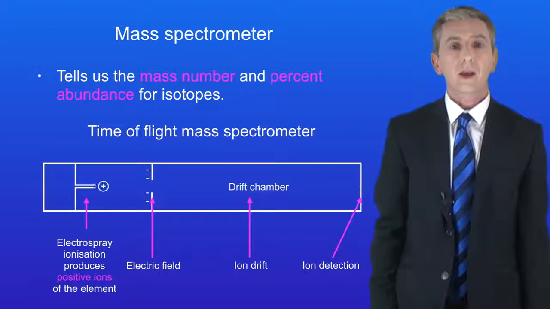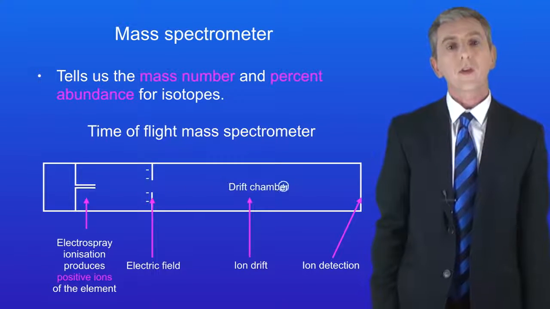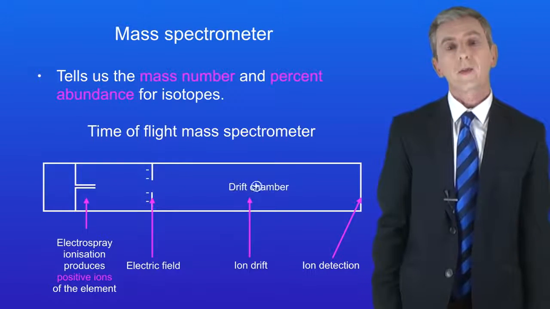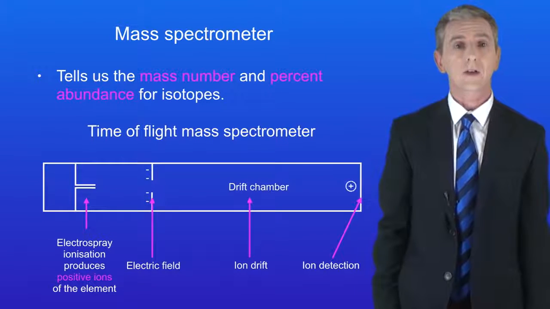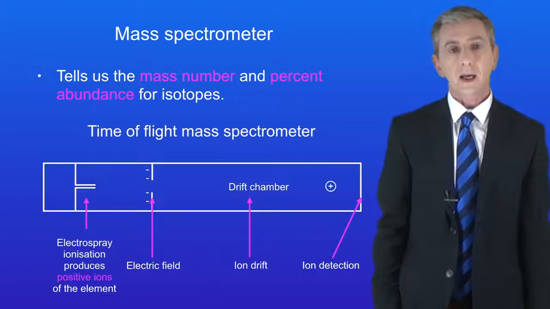The positive ions then pass into an electric field. This causes the ions to accelerate, giving them kinetic energy. The key fact that you have to learn is that when the ions pass through the electric field, they all have the same kinetic energy. The ions now drift down the chamber at different speeds. Lighter ions move faster than heavier ions.